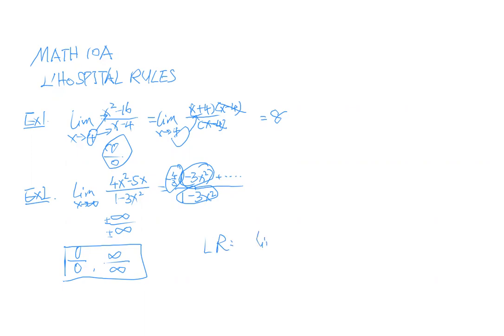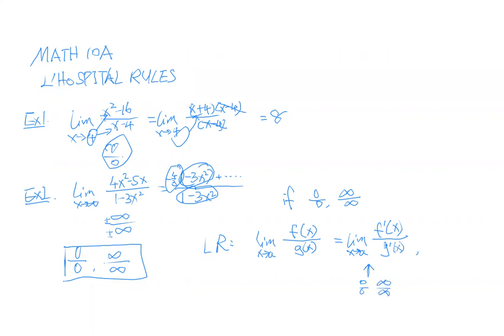If you want to do a limit of f(x) over g(x) as x goes to a, where a can be infinity, and the situation is 0 over 0 or infinity over infinity, then you can take the derivative of both sides and do the same thing. And also, if here you still get 0 over 0 or infinity over infinity, you can even go on and on. You can take f double prime and g double prime of x.